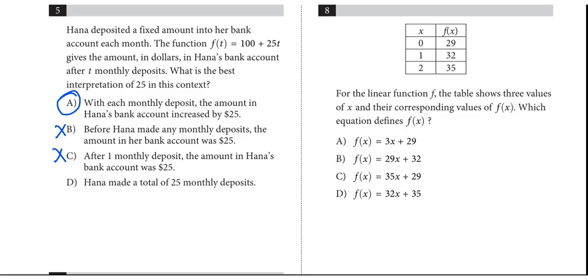That is still not correct. And option D says Hannah made a total of 25 monthly deposits, which is still not correct. So every month she deposits $25 into the account, and the account automatically increases by $25 every month. Okay, so let's go to question 6.